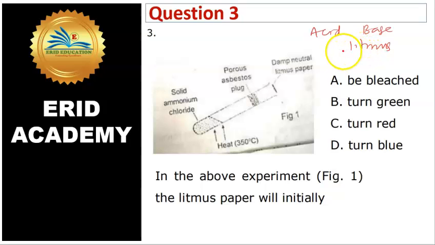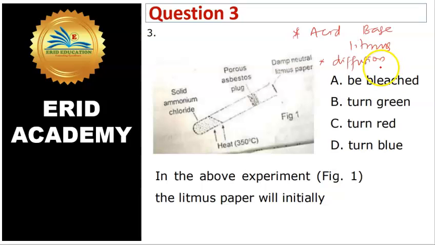So the next theoretical background that we need to solve this question is the effect of mass on diffusion of gases. That is the second thing. You need to remember your understanding of the diffusion of gases.